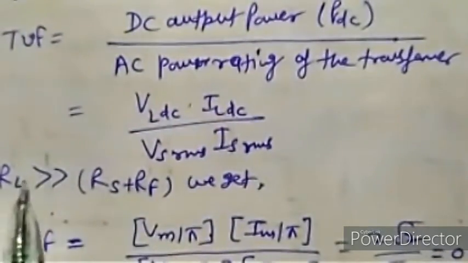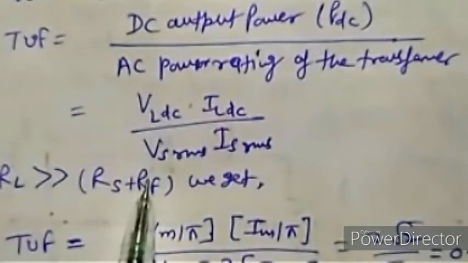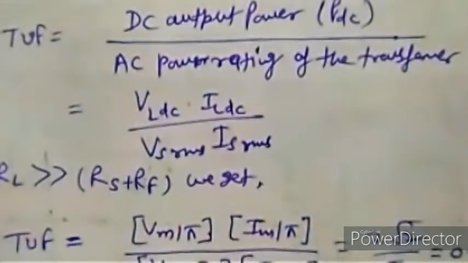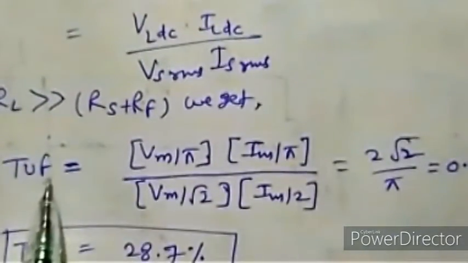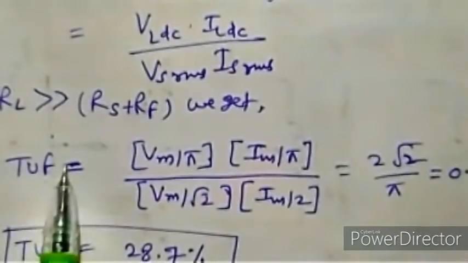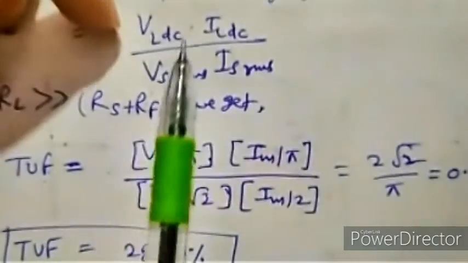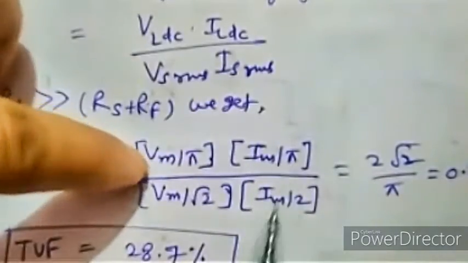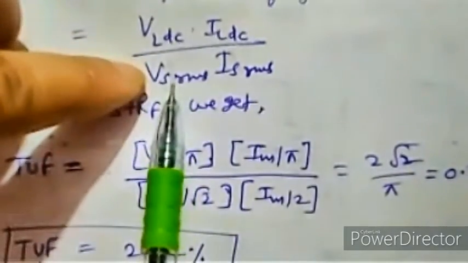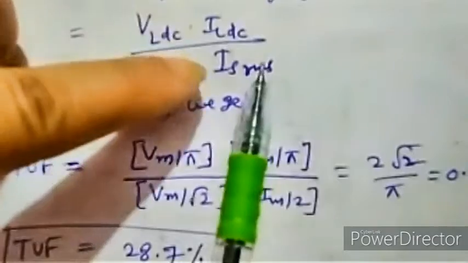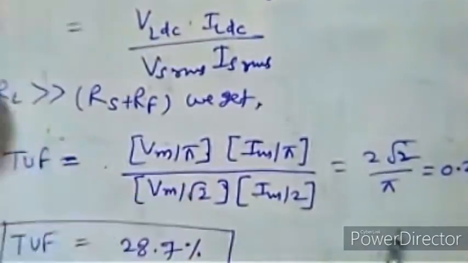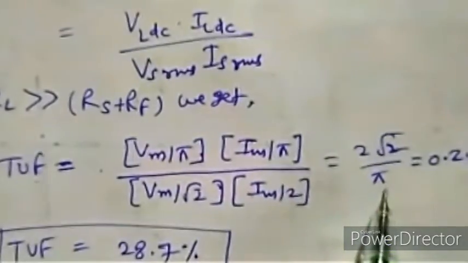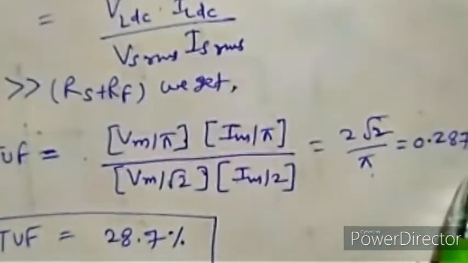Assuming that RL is very much greater than RS plus RF, which we have already discussed, VLDC is Vm by pi, ILDC is Im by pi, VSRMS is Vm by root 2, and ISRMS is Im by root 2. After calculating this, we get 2 upon root 2 by pi, which is 0.287.